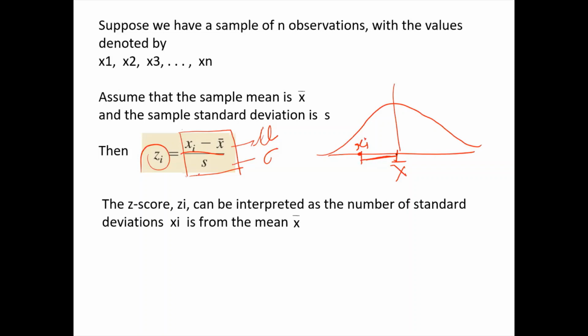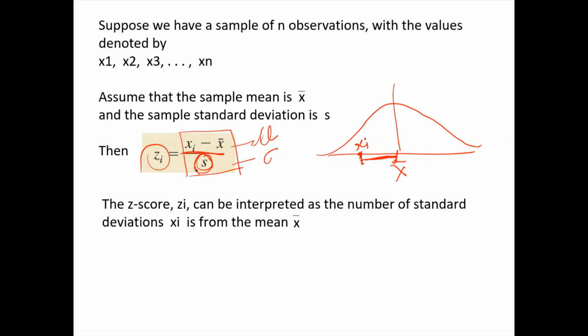Now if the distance is this, in terms of standard deviation, this distance is what fraction of standard deviation? To calculate that, I'm dividing this distance by the standard deviation, SD. If I divide it by standard deviation, I'll come to know what fraction of standard deviation xi is from my mean.